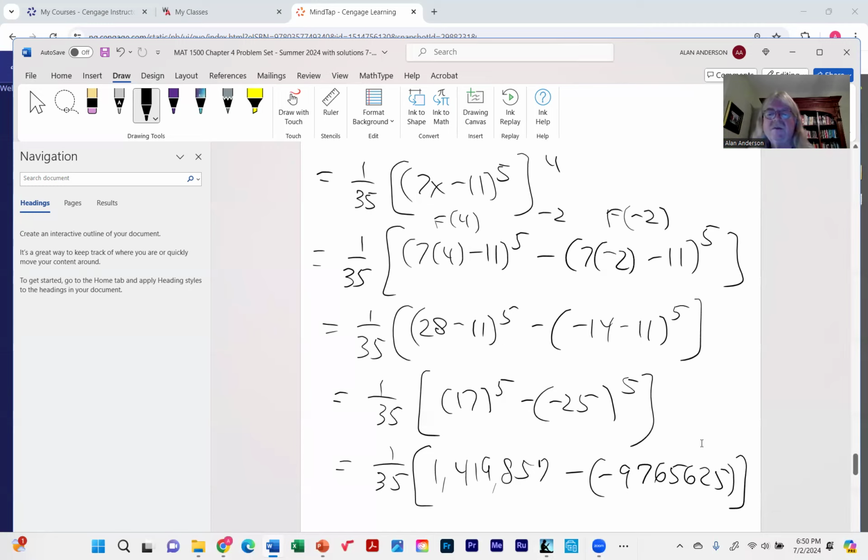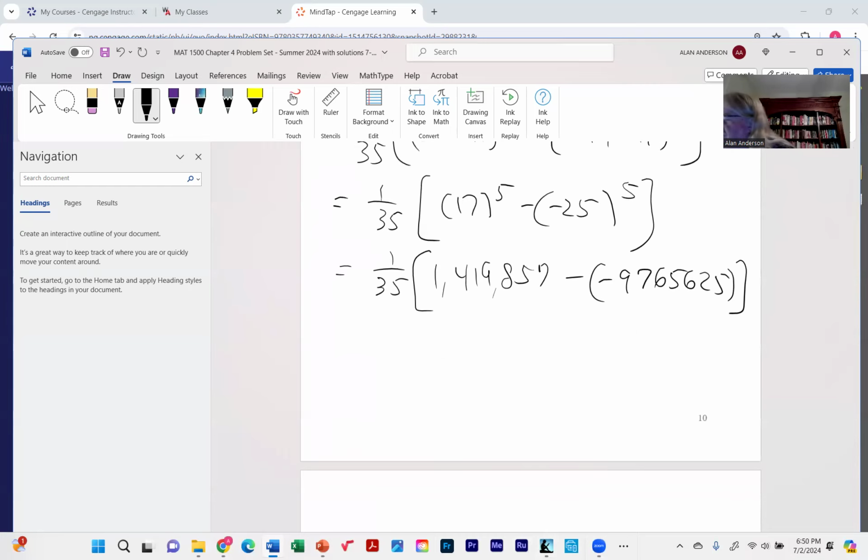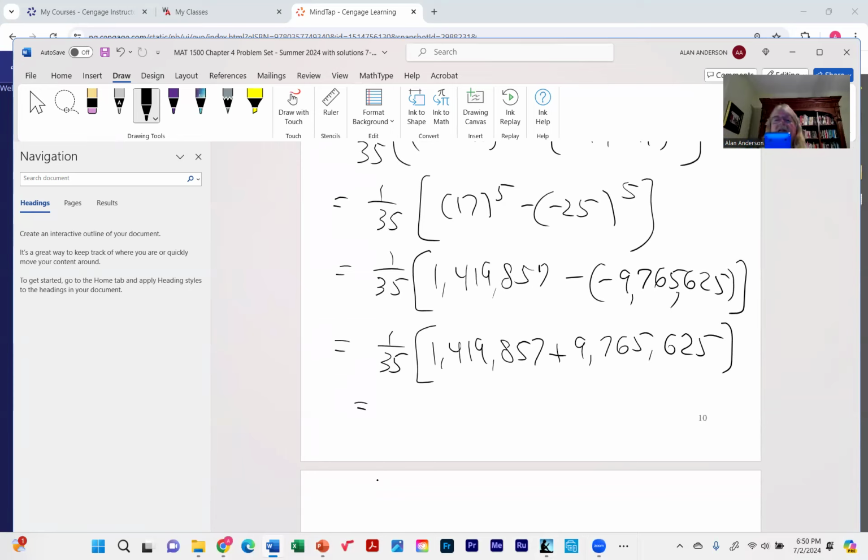So you're actually adding those two numbers together because you have a double negative there. Yeah, this is a big number. All right, 1,419,857 plus 9,765,625, all divided by 5.